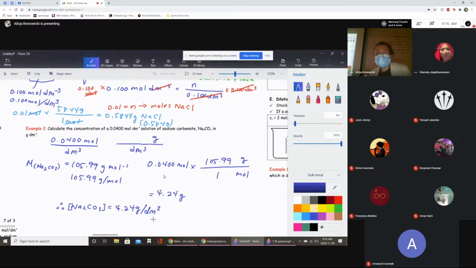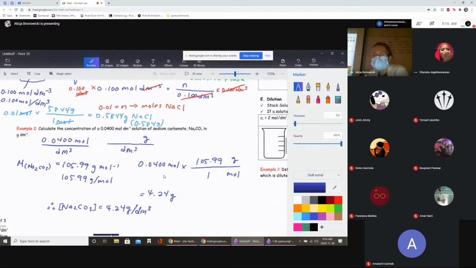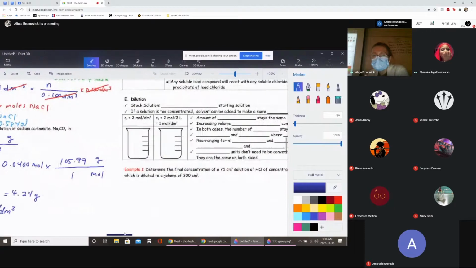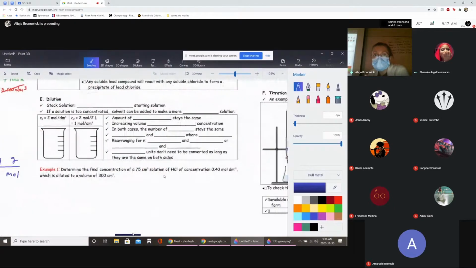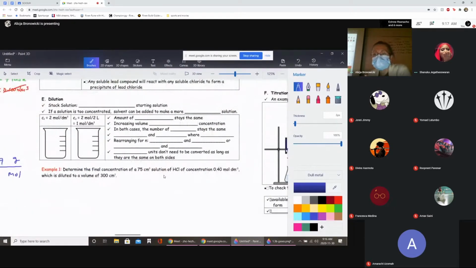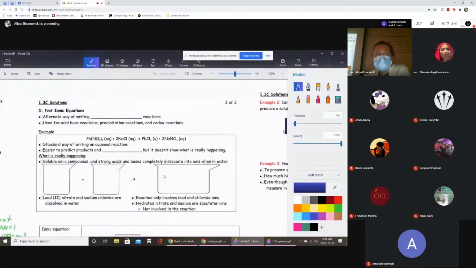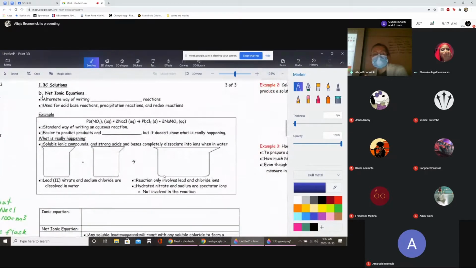But I wanted you to really be able to visualize the way something looks when it's dissolved and how a reaction looks when it's using dissolved components. So we're going to talk about net ionic equations. It's an alternative way of writing aqueous reactions.